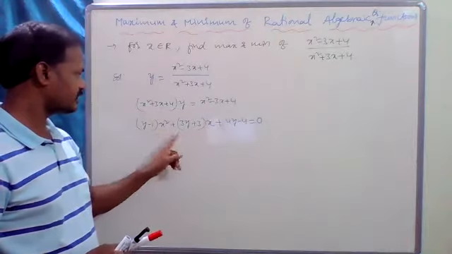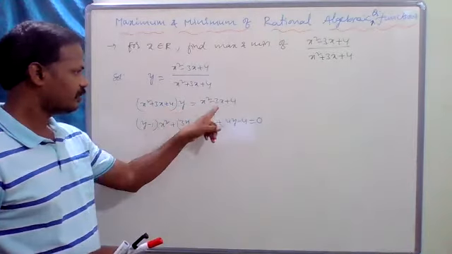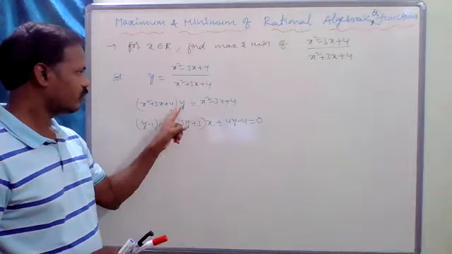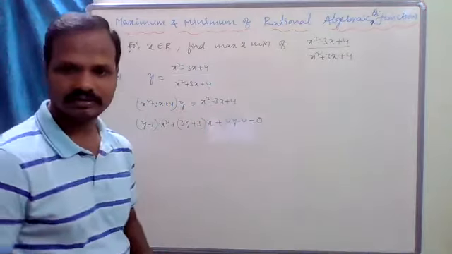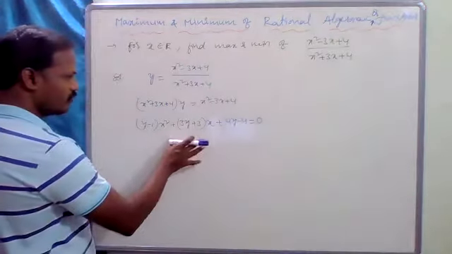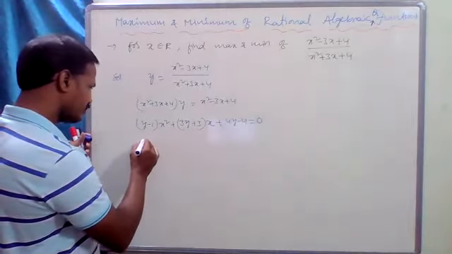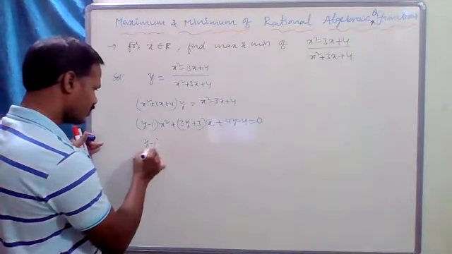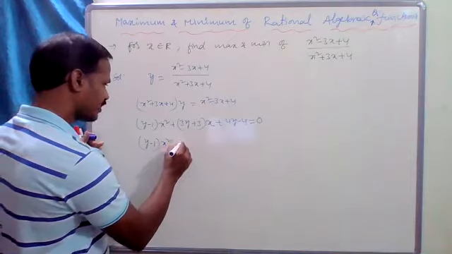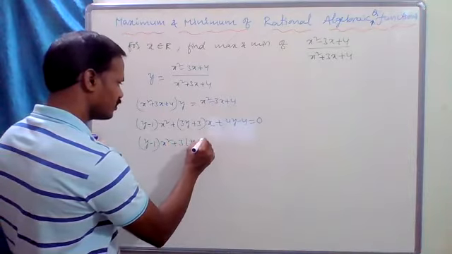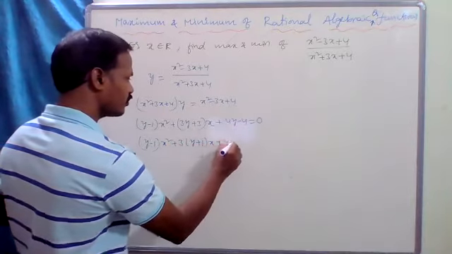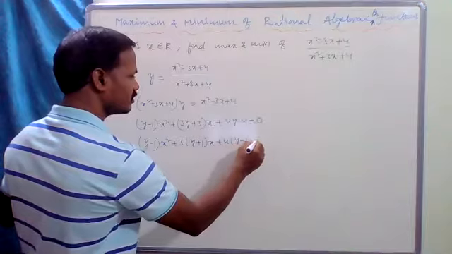Now, just modify this, which is y minus 1 into x square plus 3 into y plus 1 into x plus 4 into y minus 1 is equal to 0.